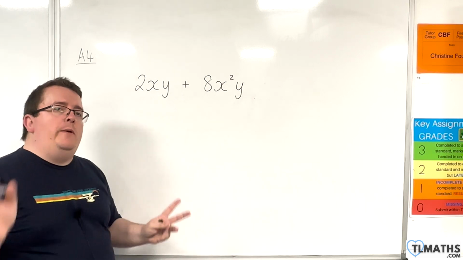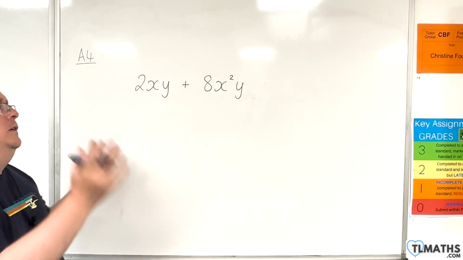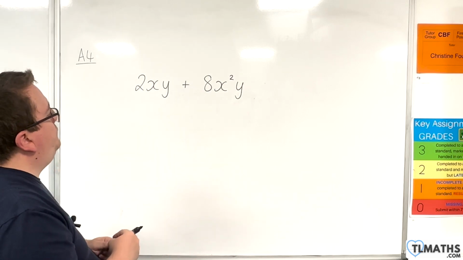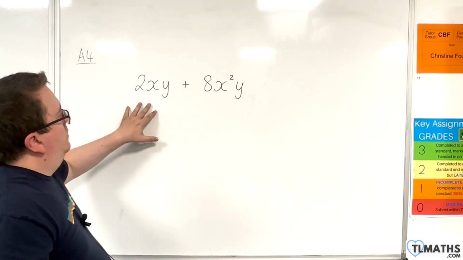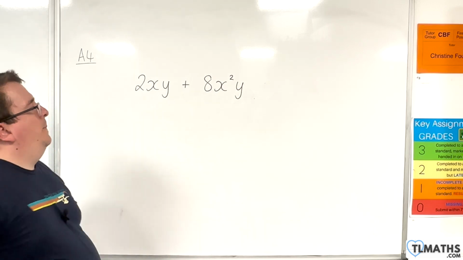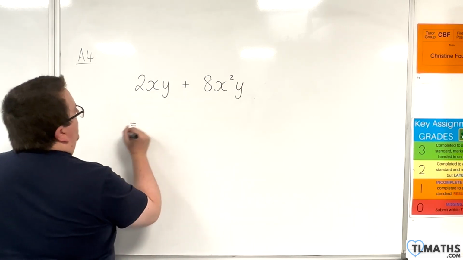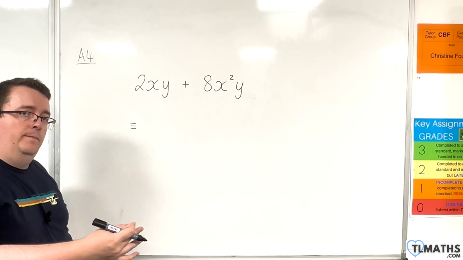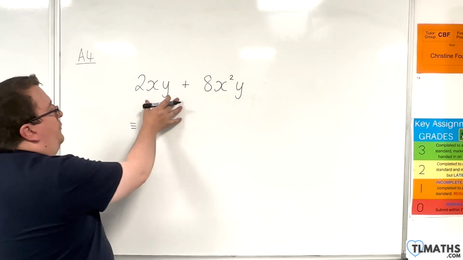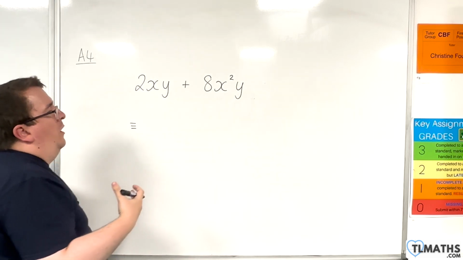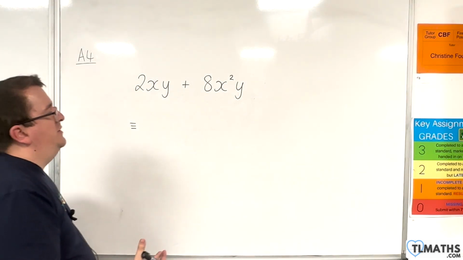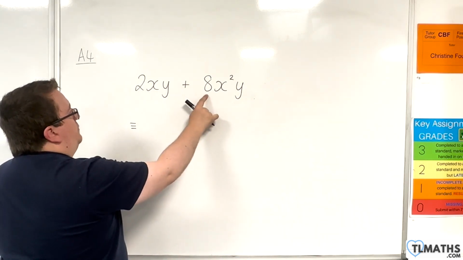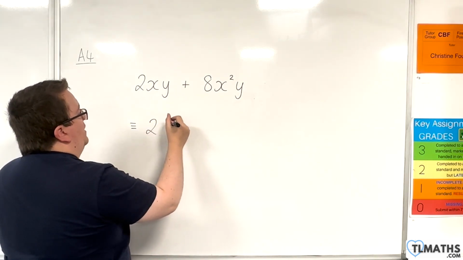And don't worry, we will be going on to examples of all of these in the coming videos. Now, if I had something like this, then the first thing I would be looking for is the highest common factor of the 2 and the 8. Okay? So I've got 2 terms, so I'm going to have just 2 terms inside my bracket. So I'm looking for the highest common factor of 2 and 8, which is 2, so I can factor 2 out of both of them.